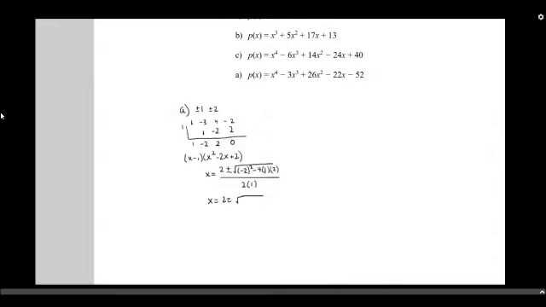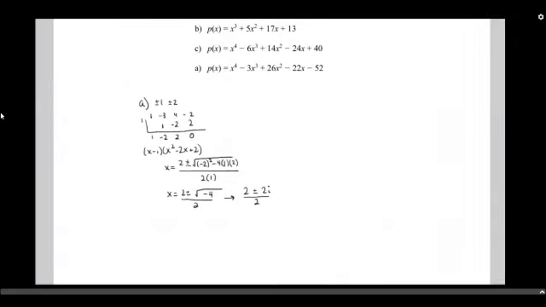So the value underneath the square root is 4 minus 8, so that's negative 4. The square root of negative 4 is 2i.